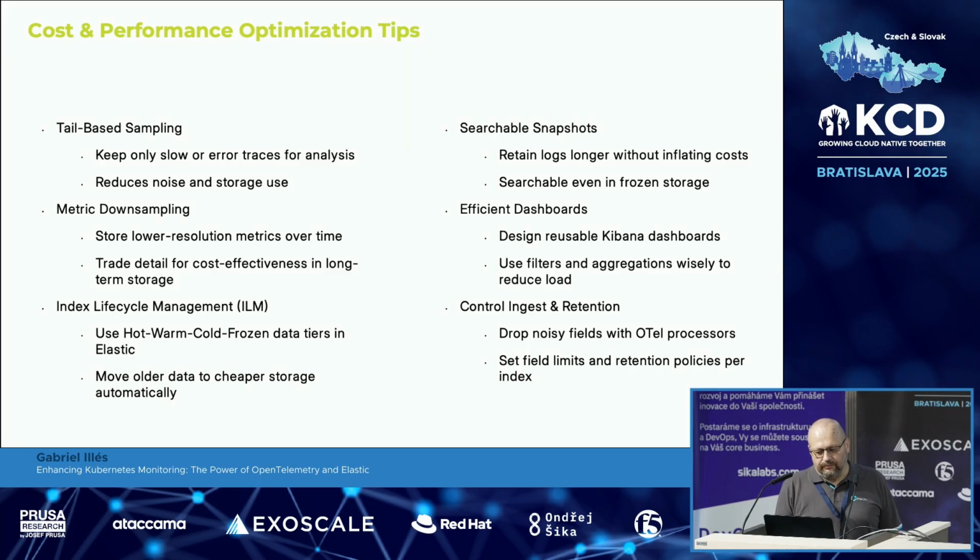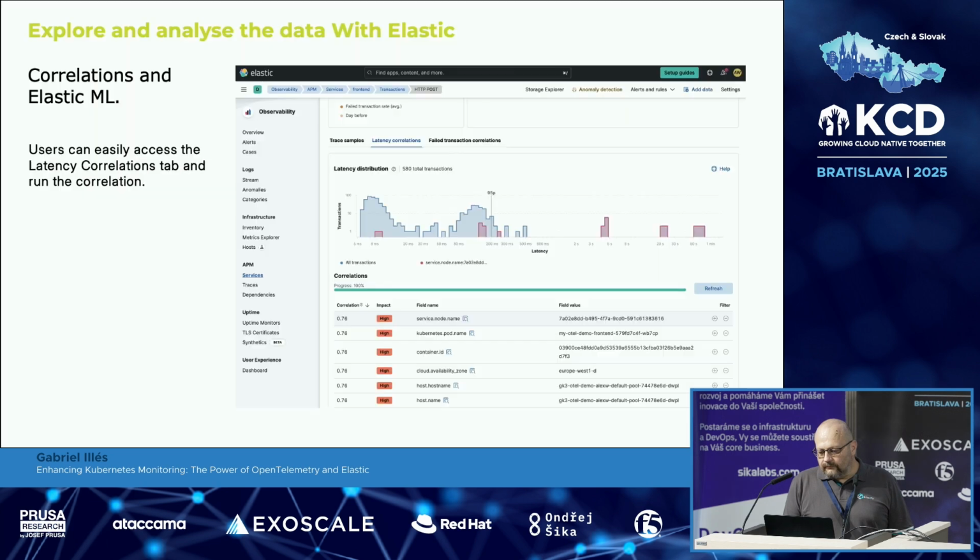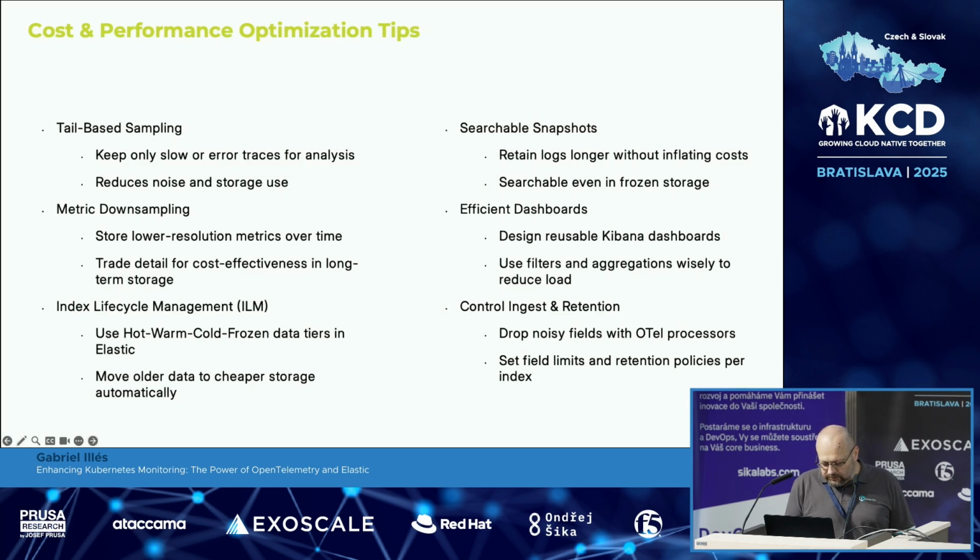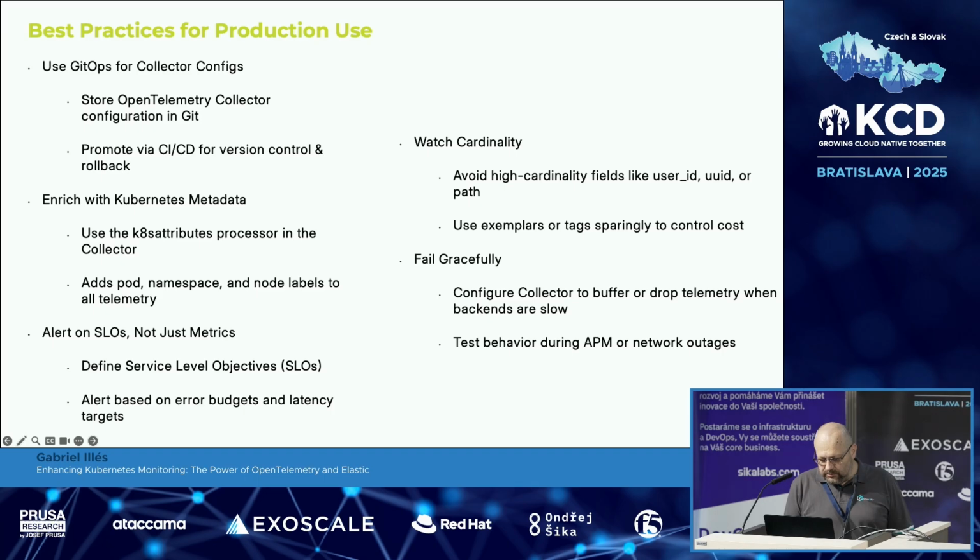As I mentioned, the lifecycle management of Elasticsearch is using the different tiers for the storage. And also the cardinality of the metrics, so don't collect metrics with a high cardinality using something like user ID or UID.